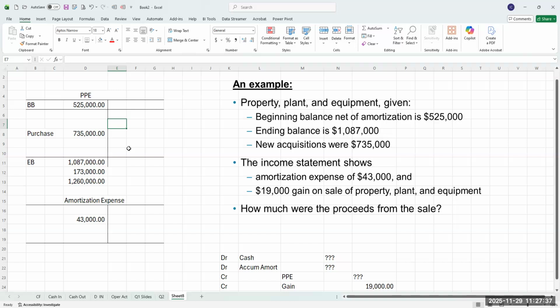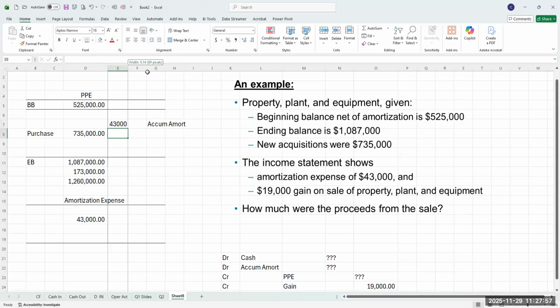So I'm going to have here accumulated amortization. And I know how much my accumulated amortization is. That accumulated amortization is $43,000.